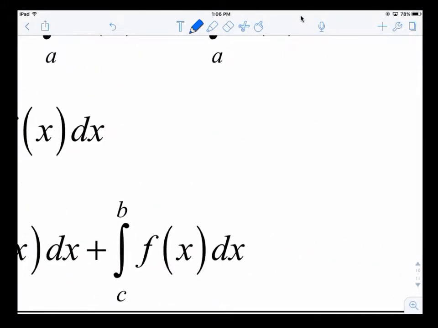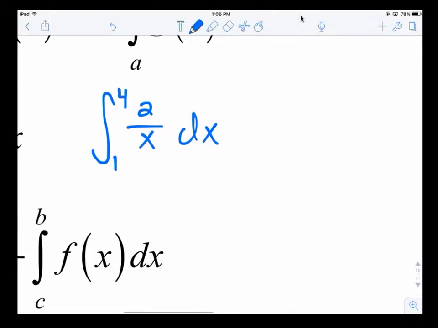So if I had, say, the integral of 2 over x dx from 1 to 4, what would my constant be that I could put out front? 2, right?